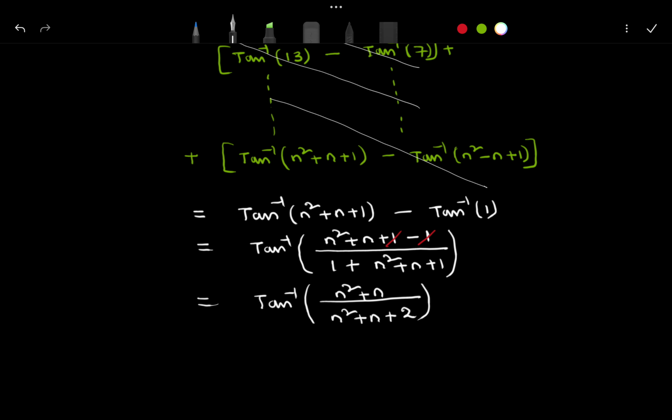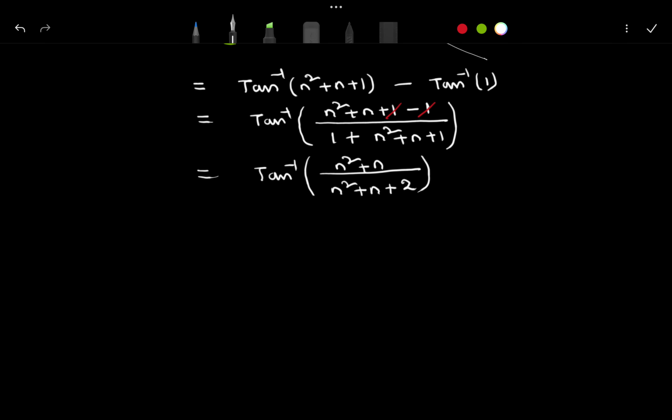Now the same question, if they ask the sum of the infinite terms. Sum of the infinite terms means, what is that value?